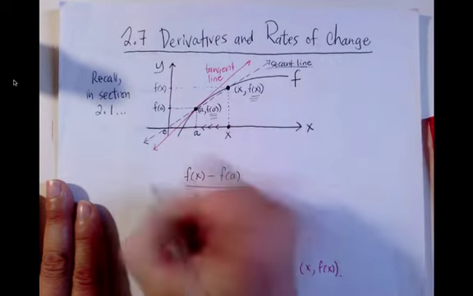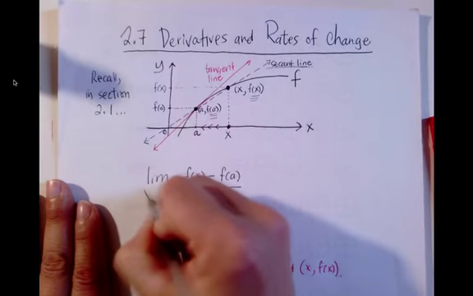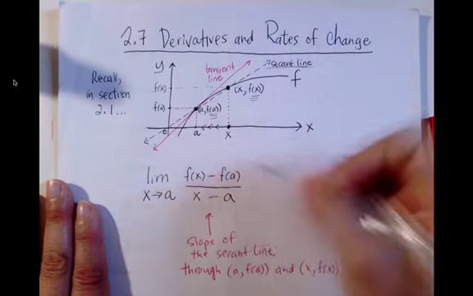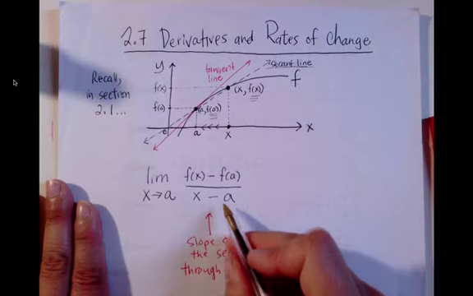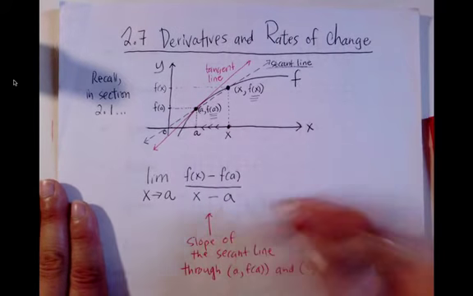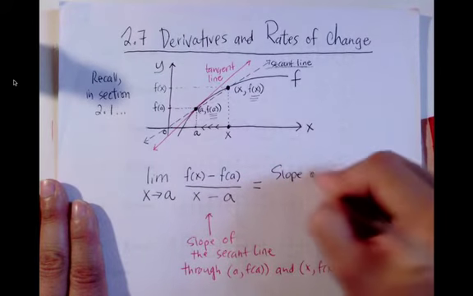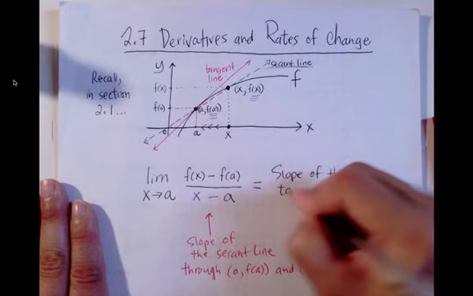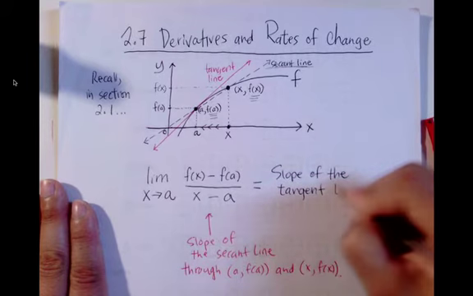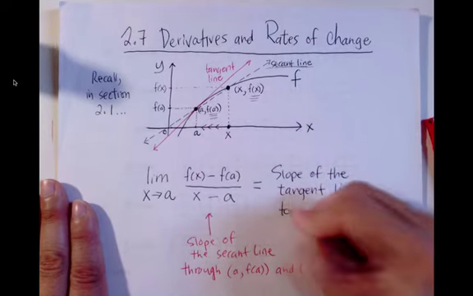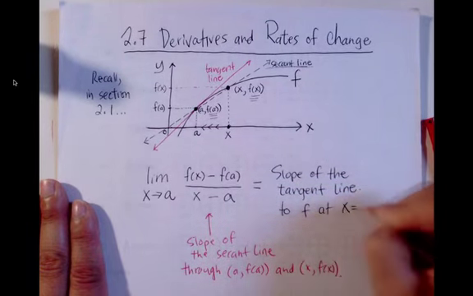We remember this as the limit as x approaches a. If this limit exists, we define it to be the slope of the tangent line to f at x equal a.